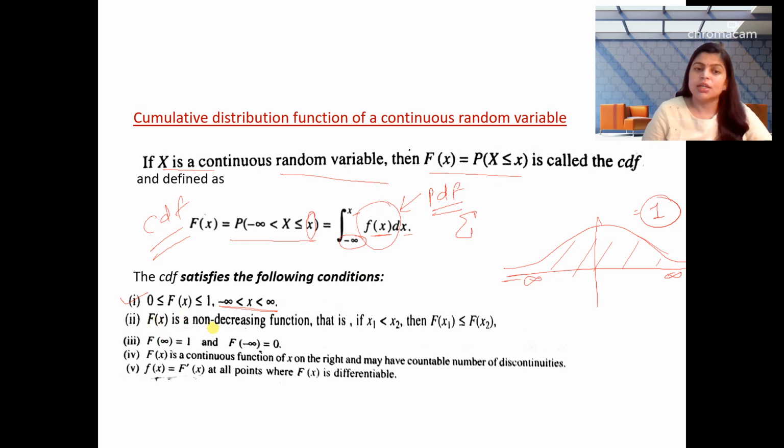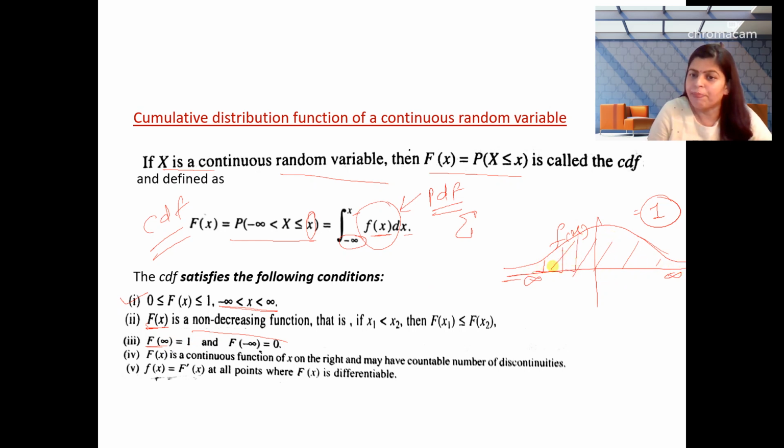Okay, and this is a non-decreasing function Fx. Basically this is small fx. Okay, you must be very clear, this is small fx. We are talking about here Fx, because here we keep on adding the function's value, so naturally you will get an increasing function. Okay, so it is always increasing. Fine. Now the value of CDF at infinity is 1. That means we are adding this thing, then this thing.